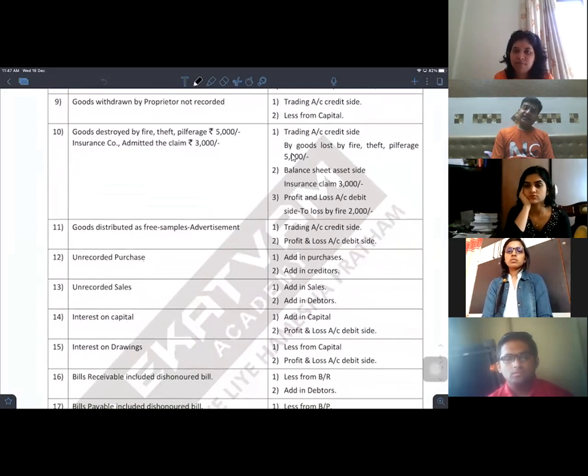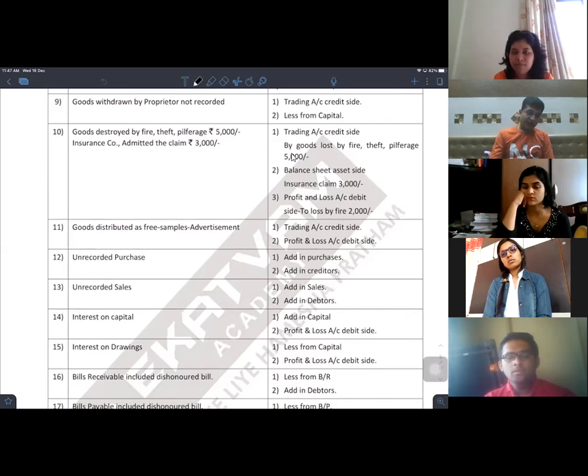In the trading account debit side, if we subtract from purchases, purchases less drawings, we can do it, or we can show it into the trading account onto the credit side as goods withdrawn. And the second effect of that is this is a withdrawal against the capital only or not, and therefore that is reduced from the capital in the balance sheet onto the liability side.